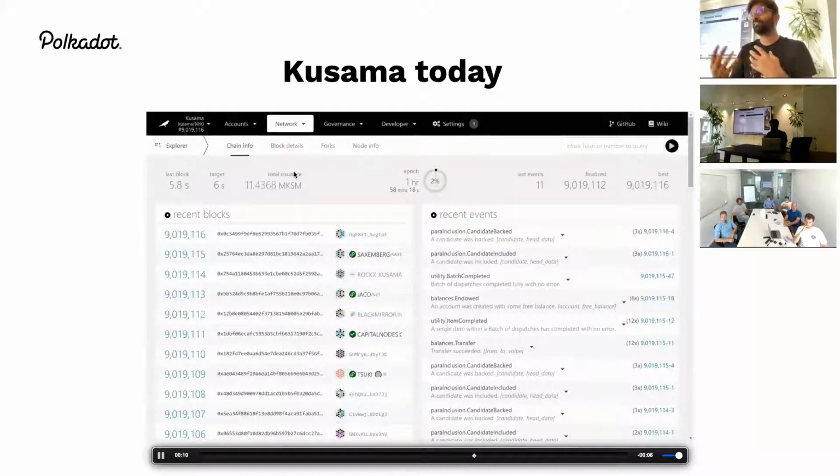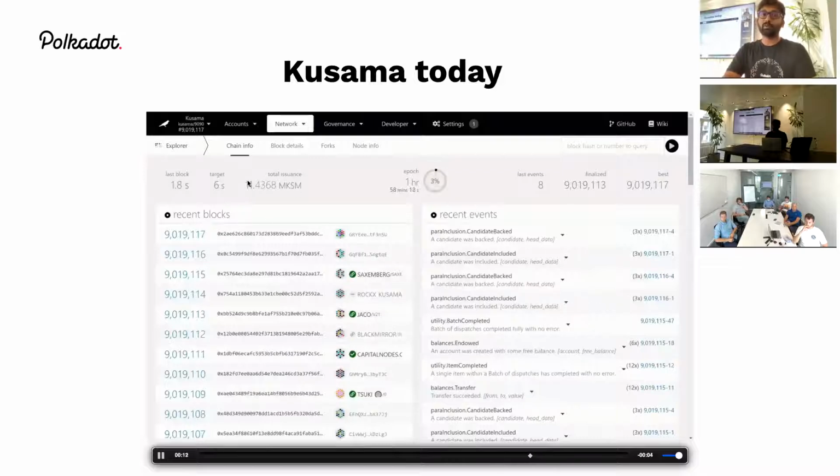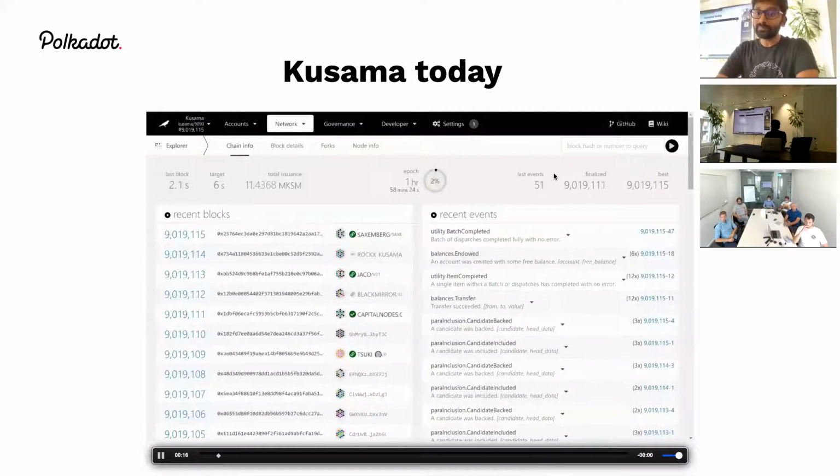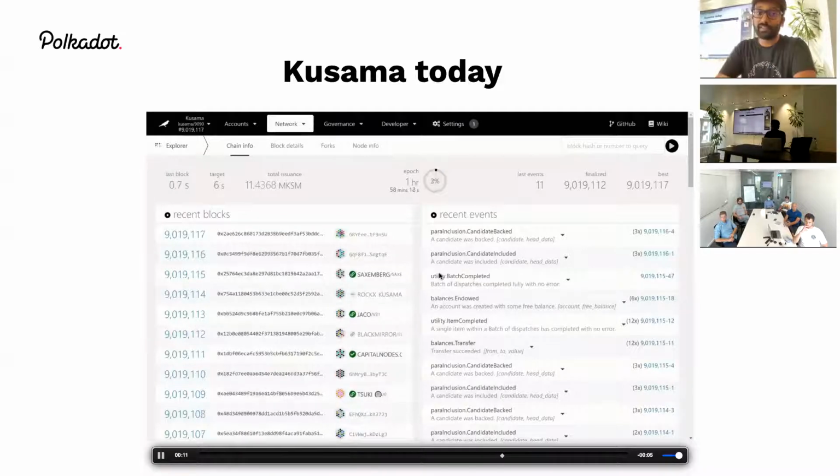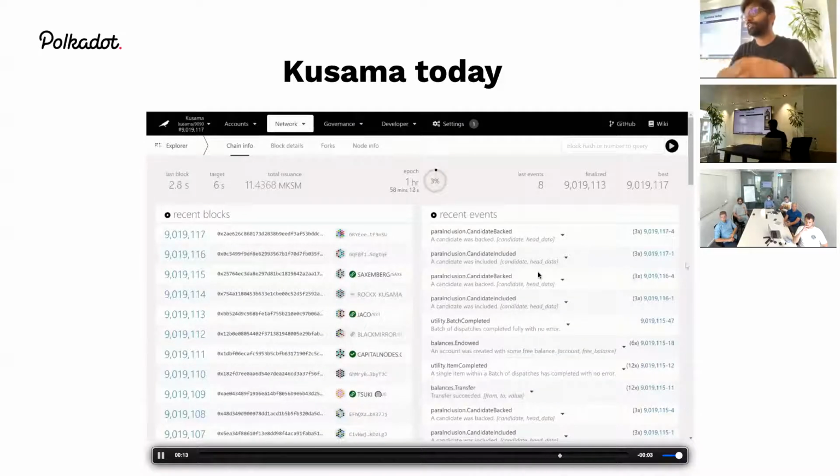This is a test canary network. There are about 11.4 million Kusama tokens out there. And I want you to focus on the events set here. Earlier in Polkadot, pretty much you saw balance transfers, but here you have balance transfers along with parachain-based events as well. Okay.